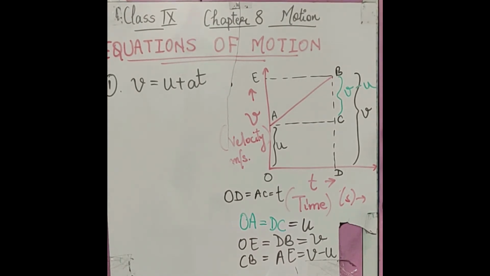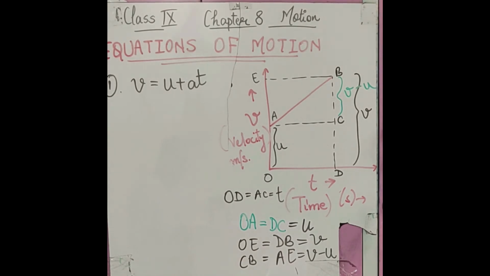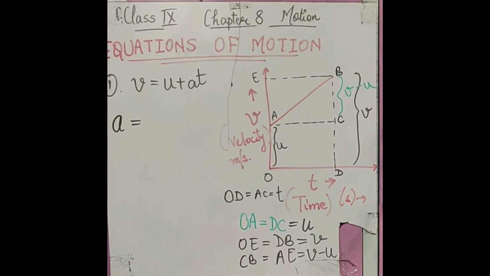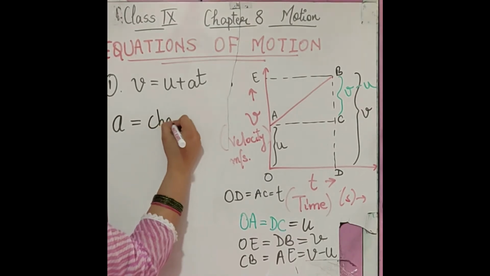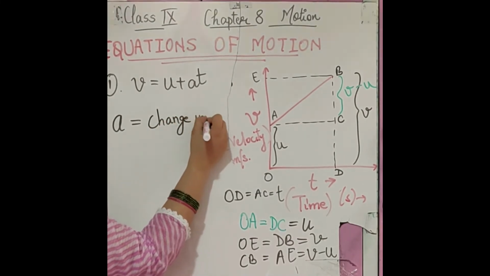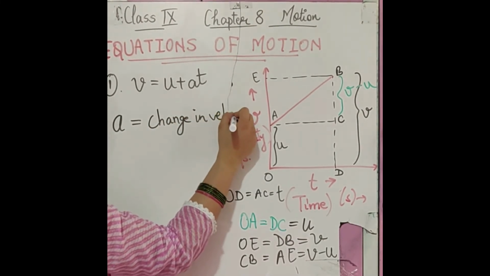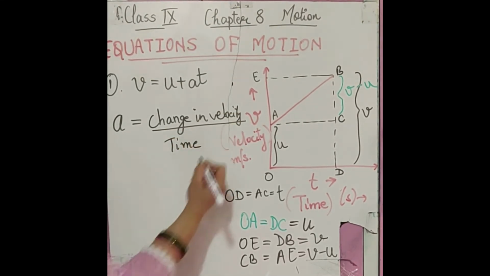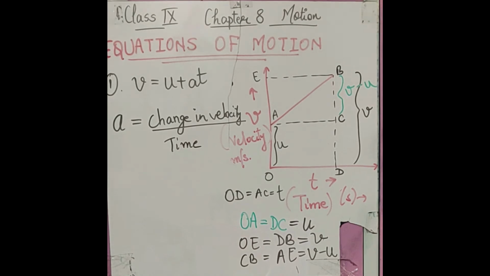Okay, so let's now derive the first equation, V is equal to U plus AT. Now we are aware that acceleration is given by the formula change in velocity upon time taken by the object, right?